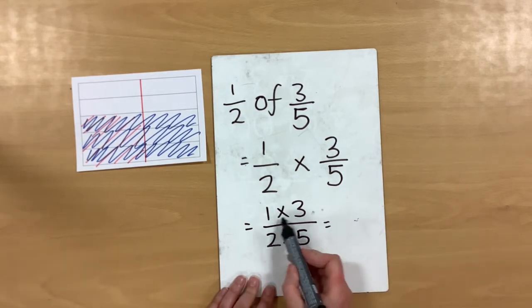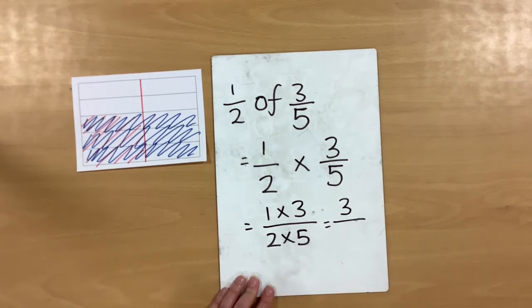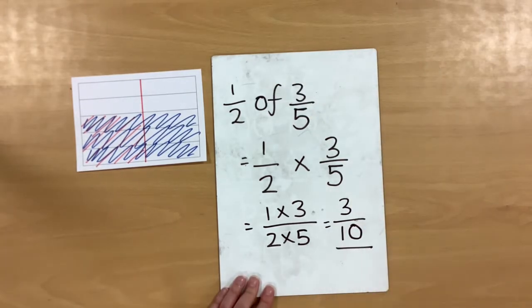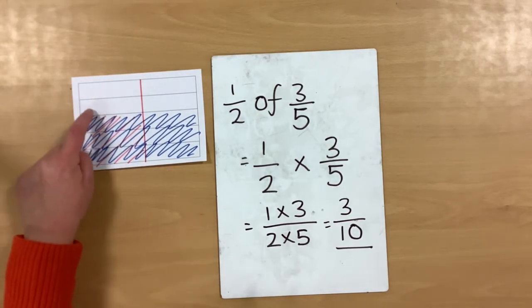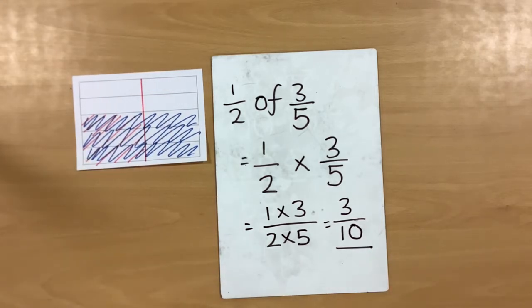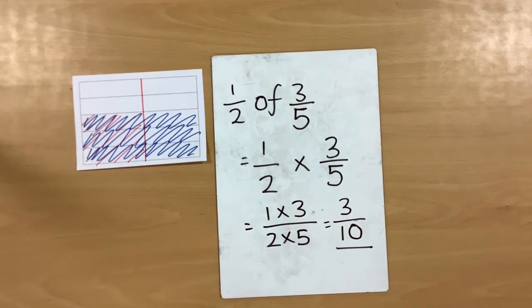So 1 times 3 is 3, and 2 times 5 is 10. So 1/2 of 3/5 is 3/10. If I have a look back at our model, because she only coloured half, I've now got 1, 2, 3, 4, 5, 6, 7, 8, 9, 10 parts, which is the same as my denominator, and 3 are shaded blue and red, which supports what I've done here with my calculations.